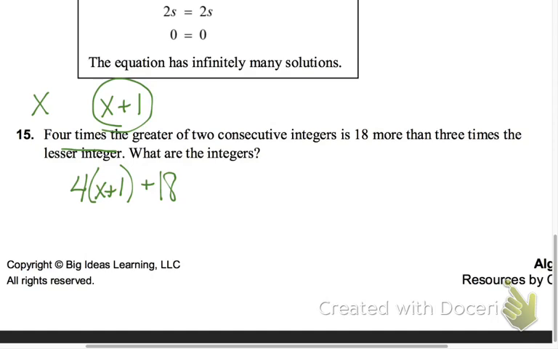3 times the lesser integer. So now what? Put an equal sign, and then where am I going to put the equal sign? Do I need to put it right here?